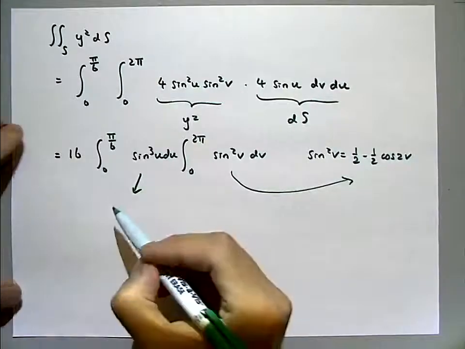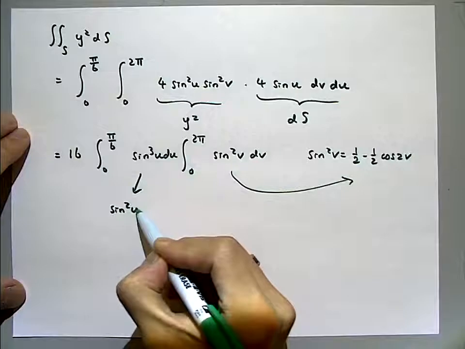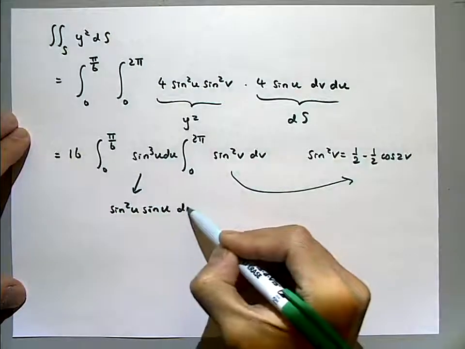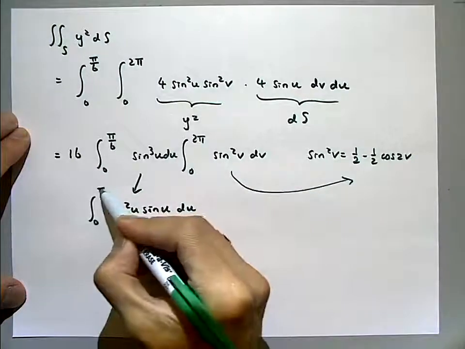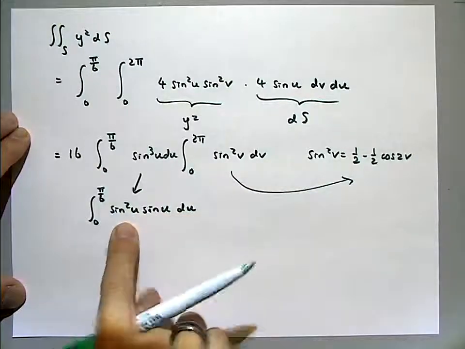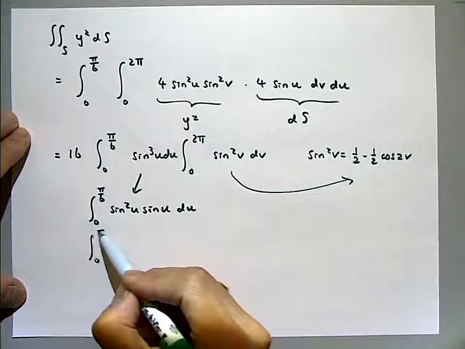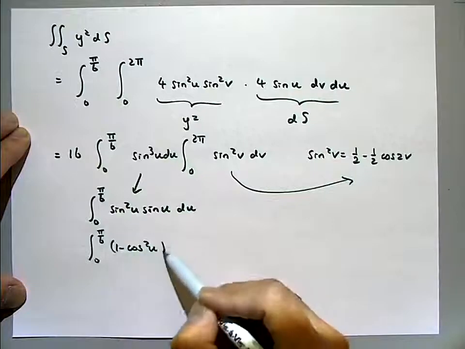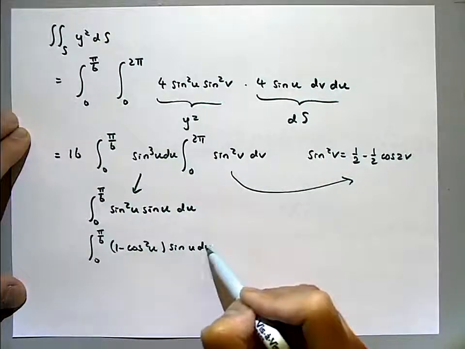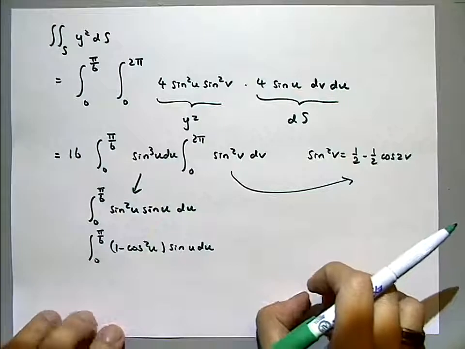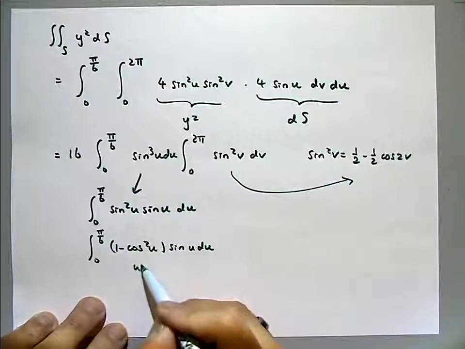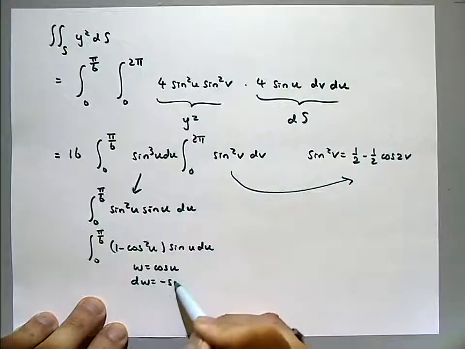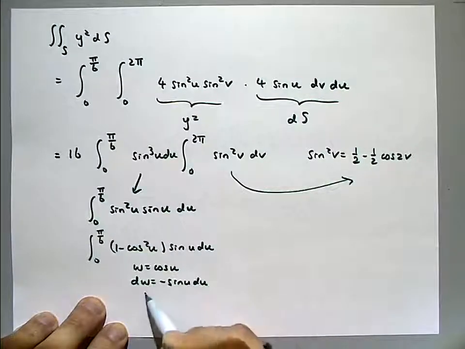Yep. We're going to factor one of these guys out, and then we'll turn the rest into a cosine. And then we use a substitution: w is equal to cosine u, dw is minus sine u du, and so on.